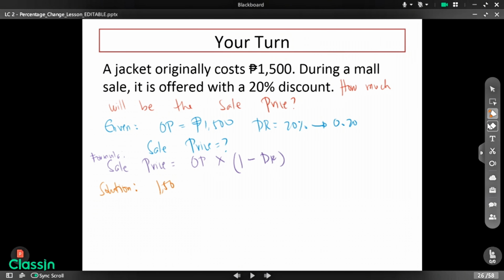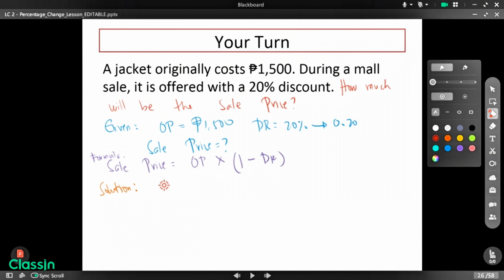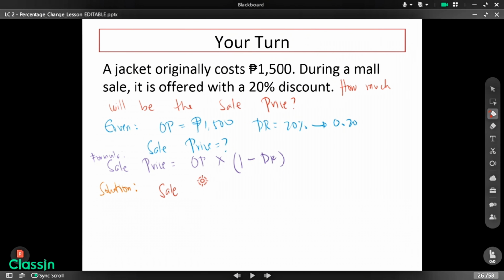1,500. For us to get the sale price, we need to multiply the 1,500 by the difference of 1 and 0.20.